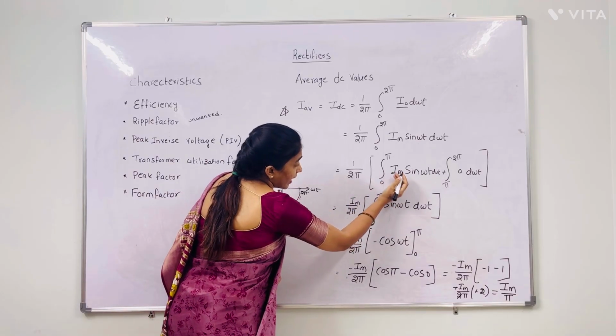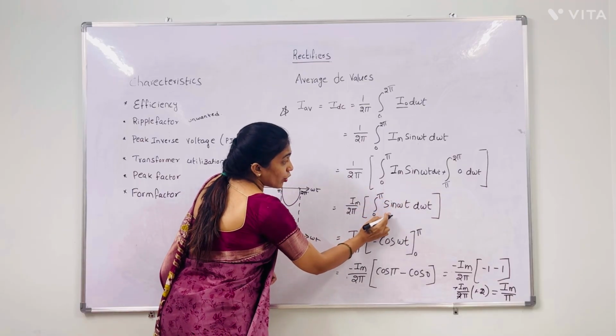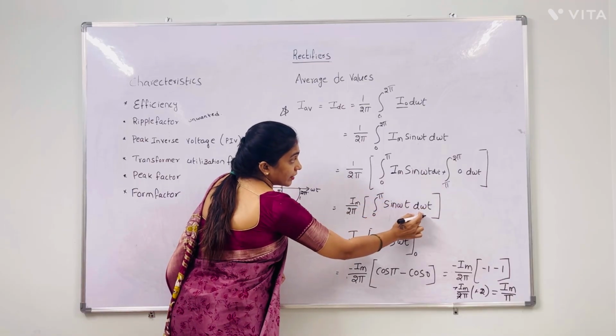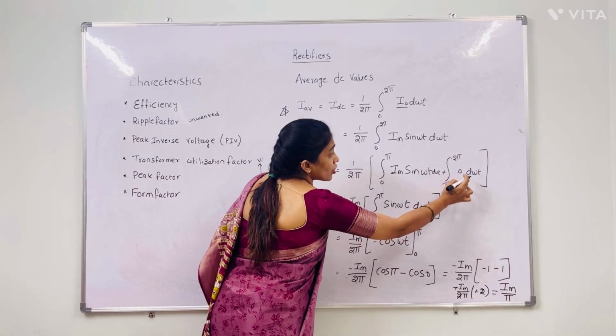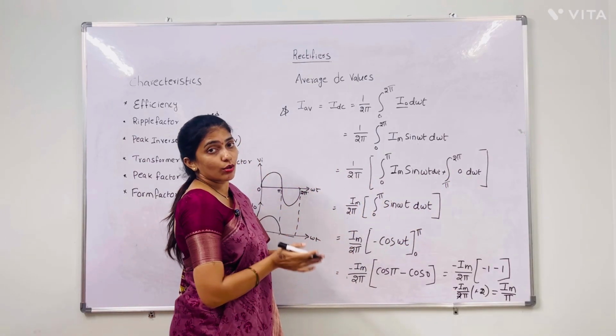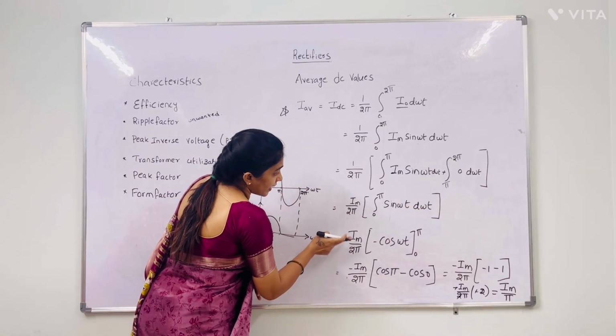The remaining term is sin omega t d omega t. The second term, the integration of 0, is 0.